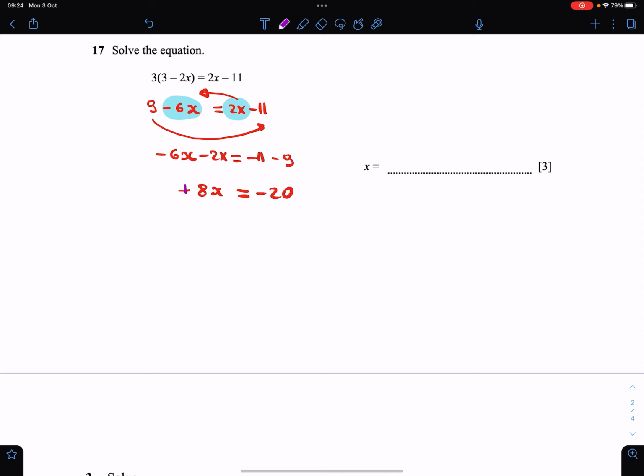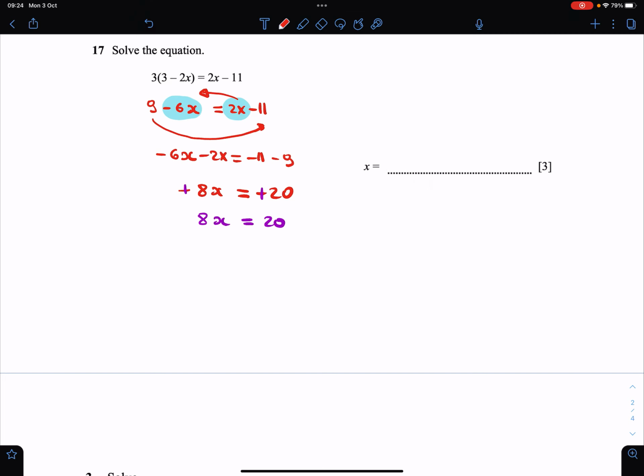I can ignore them. I can make them plus, because imagine you're multiplying both sides of this equation, or dividing both sides, by negative 1. So basically, it's actually the same as 8x equals 20.